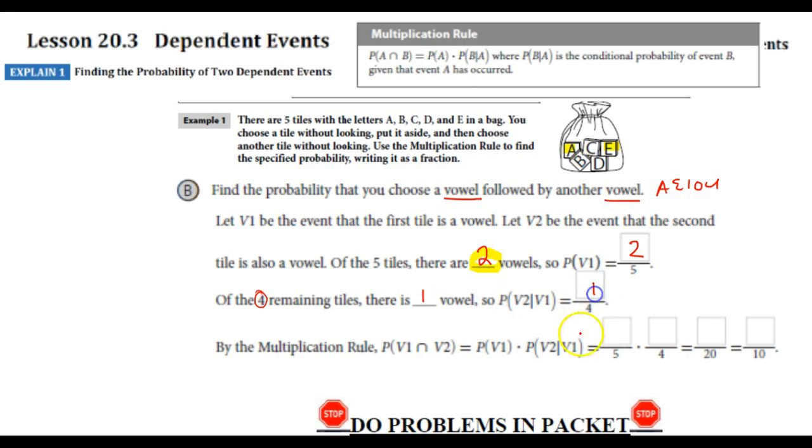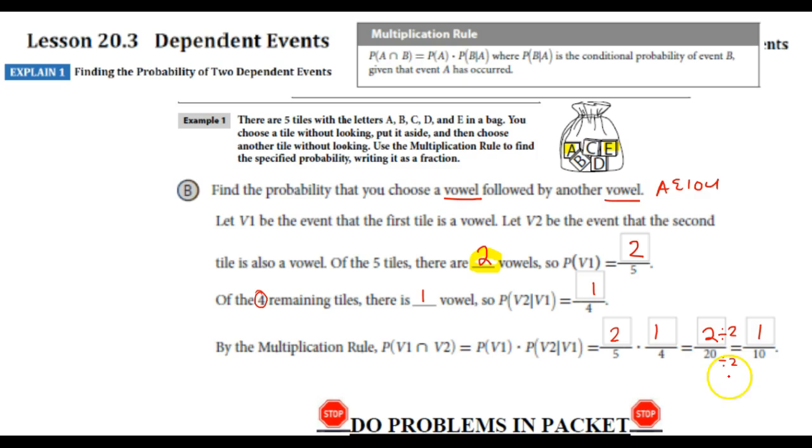So that'd be 1/4, 1 out of 4. Let's work this out. That'd be 2/5 times 1/4. So 2 times 1 is 2, and 5 times 4 is 20. Let's reduce, and that would be 1/10.